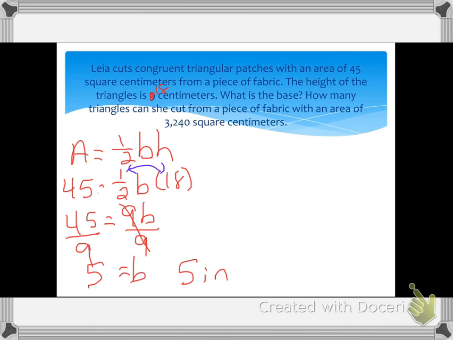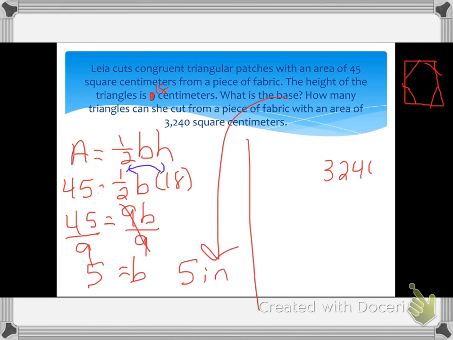But then it asks us, so that's the first question. What is the base? Is right here. This is how many triangles can she cut from a piece of fabric with an area of 3,240 square centimeters. Well, this is our piece of fabric. And from here, she's going to cut all of these triangles out. We need to figure out how many she can cut. So we have to take the area of the fabric and divide it by the area of the triangles.